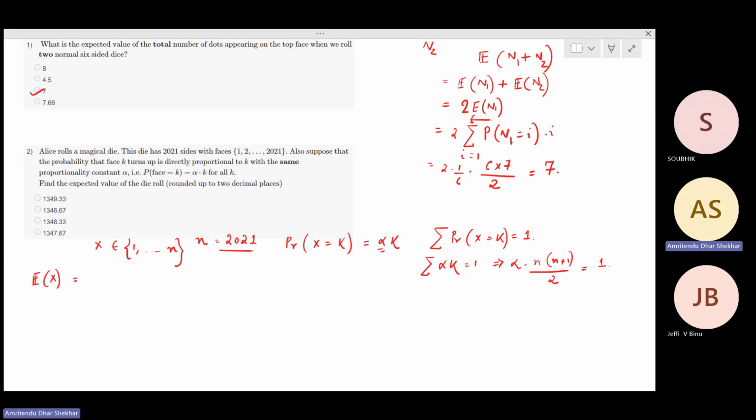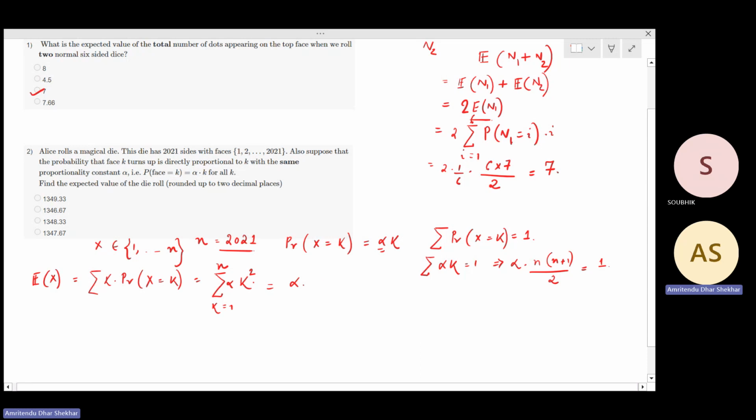So expectation of X equals sum over k of k times probability of X equals k, where k is from 1 to n. That is k times alpha k, so that is alpha k squared. So that's equal to alpha times the sum of k squared, k from 1 to n.